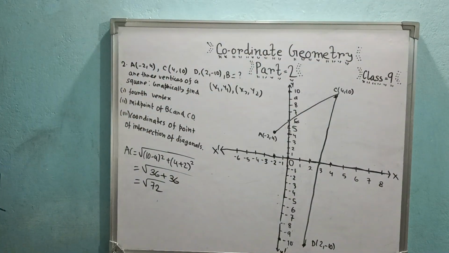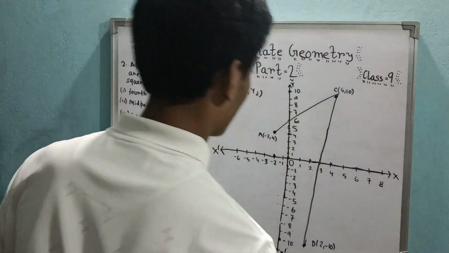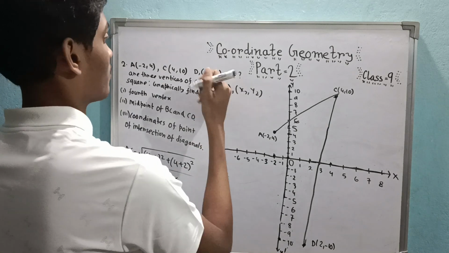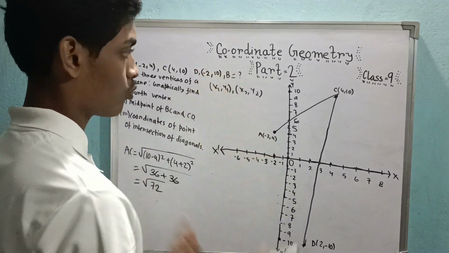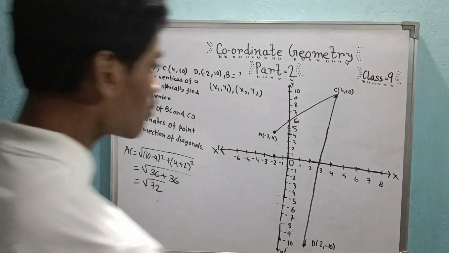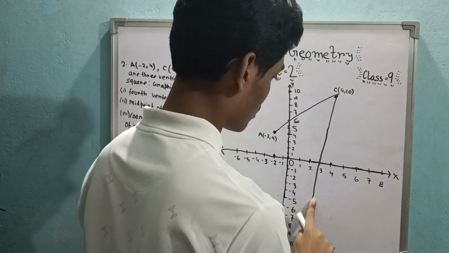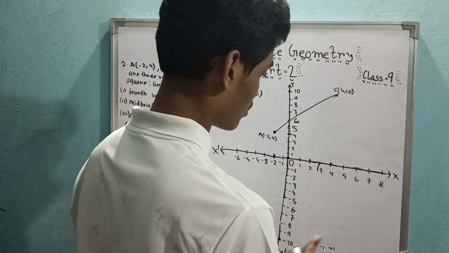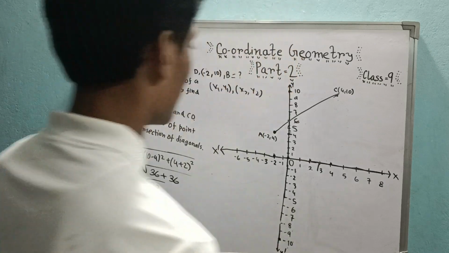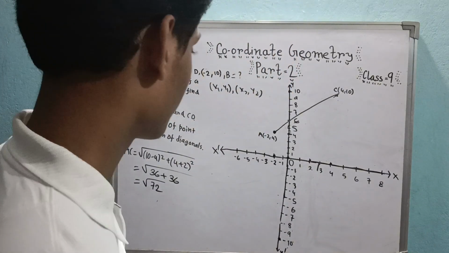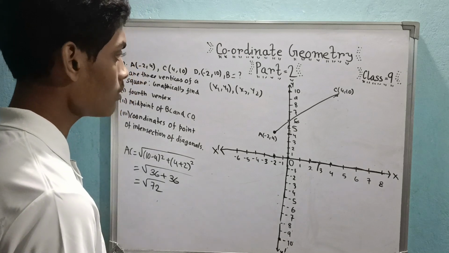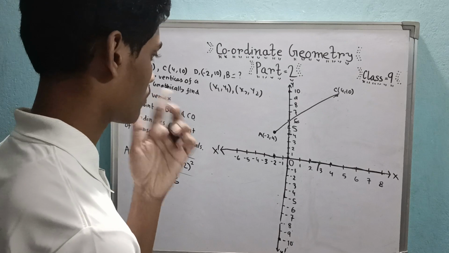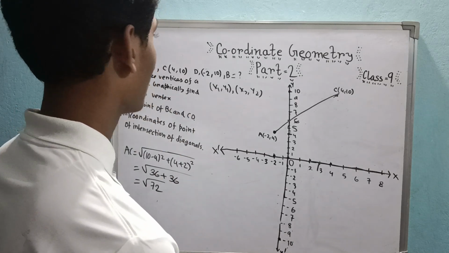Maybe I think I found out what the mistake is. Luckily. So I think that this is minus 2 comma 10. Will something change? I don't know. If it's minus 2 comma 10, then this line is going to go out of here. Minus 2 units on the x-axis.